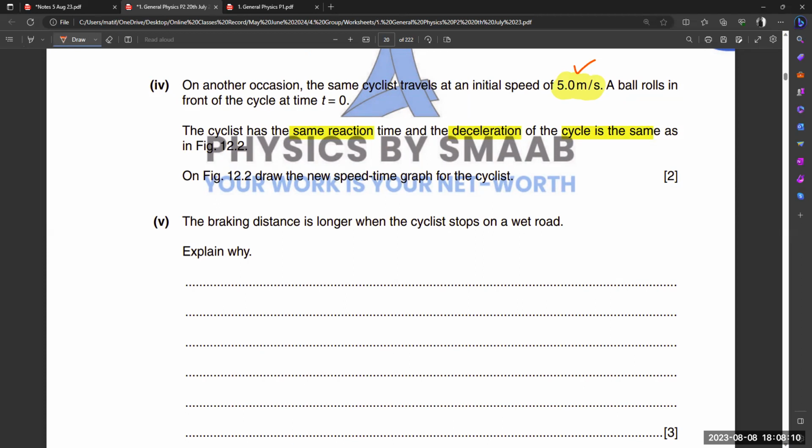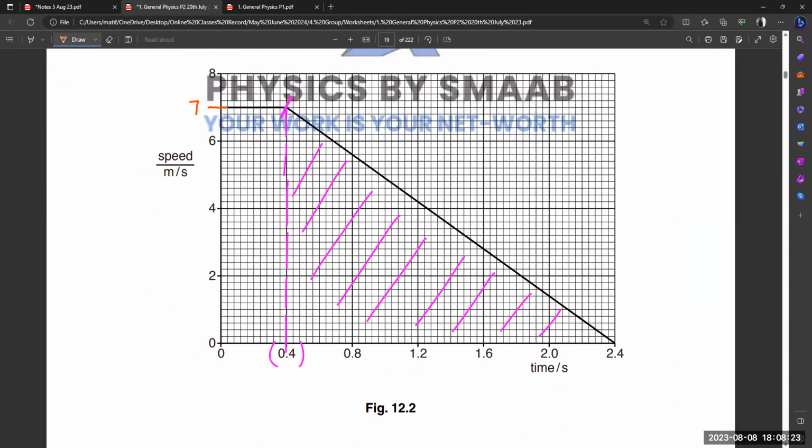So for 2 marks, you need to draw a new speed-time graph for the cyclist on that same graph. Only remember that the speed is 5; otherwise, all the situation remains the same. So we need to draw a straight line at 5 meter per second. So 1, 2, 3, 4, 5.